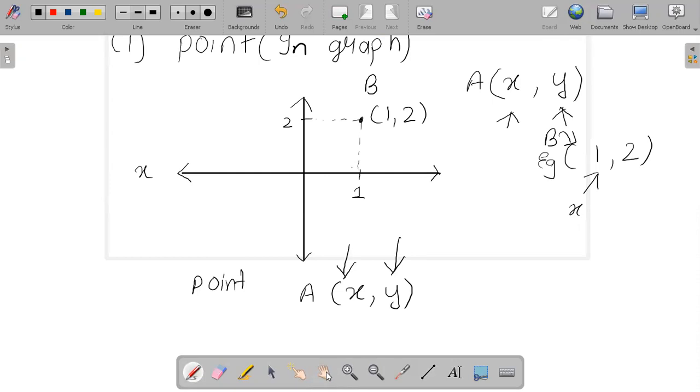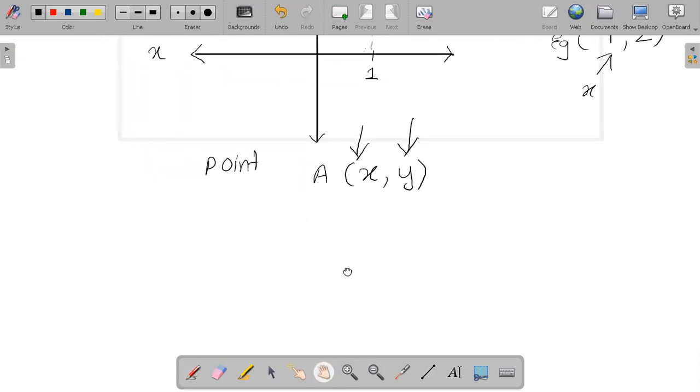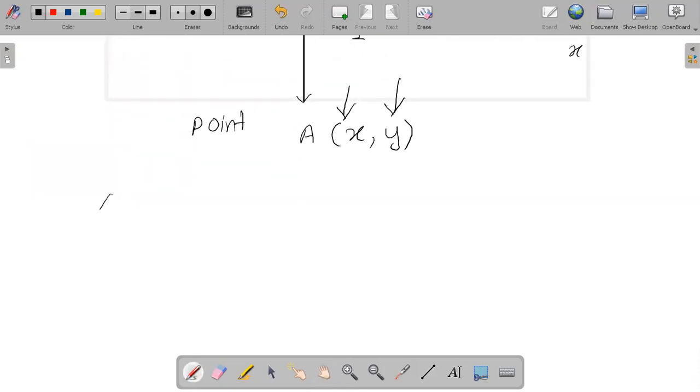Now, knowing what a point is, we'll come to the distance formula. Our entire chapter of coordinate geometry is based on this formula. As the name suggests, it says distance.